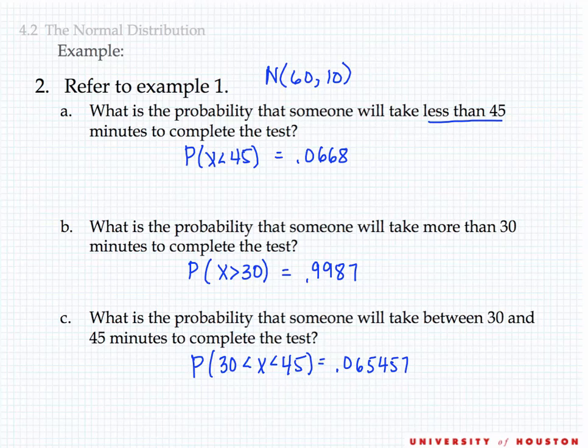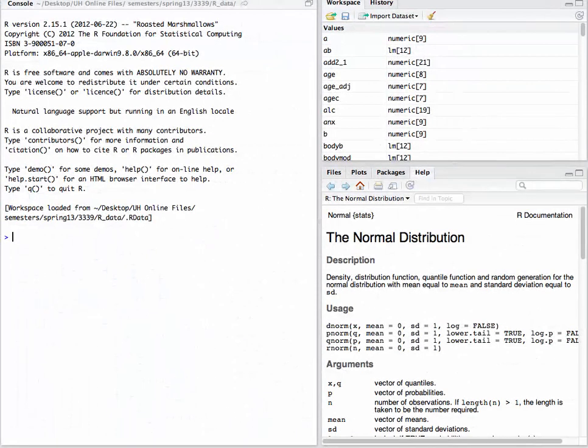Now, if I'm going to use RStudio, the first probability, the probability that x is less than 45, we're just going to enter pnorm 45, 60, 10.